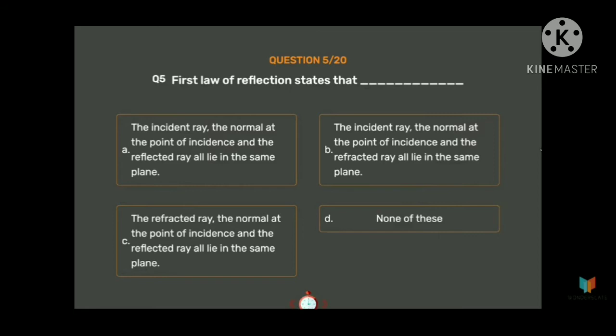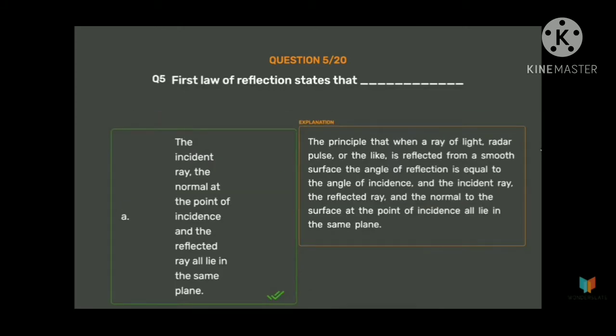The correct answer is option A, the incident ray, the normal at the point of incidence, and the reflected ray all lie in the same plane. The principle that when a ray of light, radar pulse, or the like, is reflected from a smooth surface, the angle of reflection is equal to the angle of incidence, and the incident ray, the reflected ray, and the normal to the surface at the point of incidence all lie in the same plane.